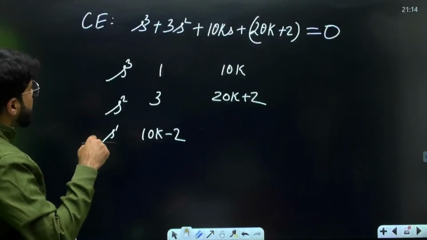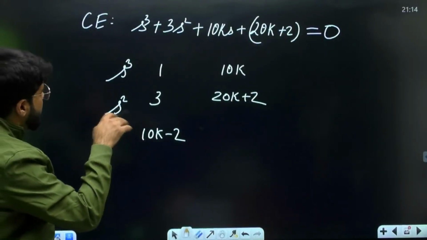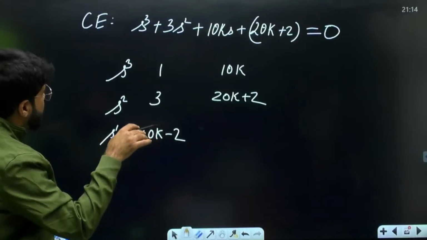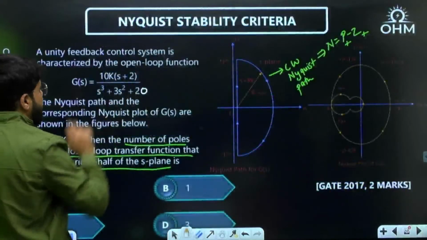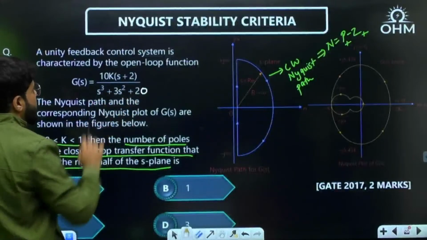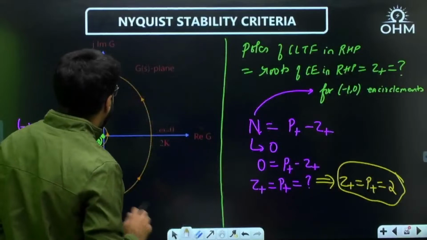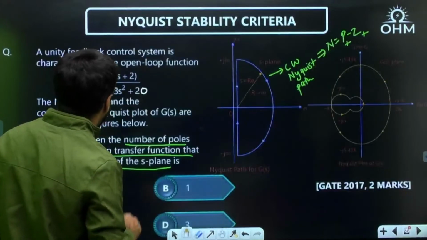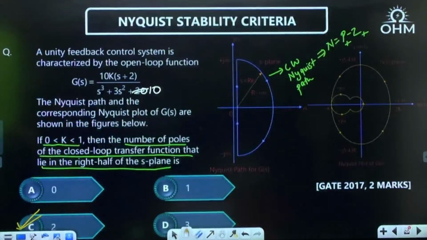Let me recheck it. 30k minus 20k minus 20 it has to be. Maybe a typo here. Let's say s cube plus 3s square plus 20. Actually, not 20 also, it should be 10.